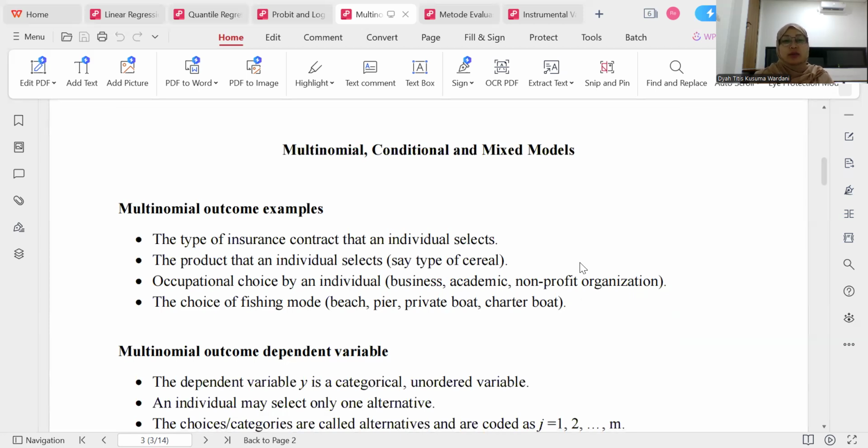multinomial outcome examples. First, the type of insurance contract that an individual selects. Second, the product that an individual selects, say the type of cereal.